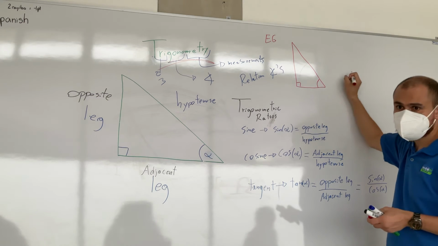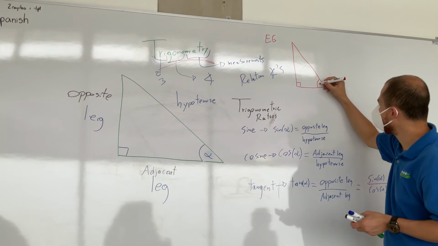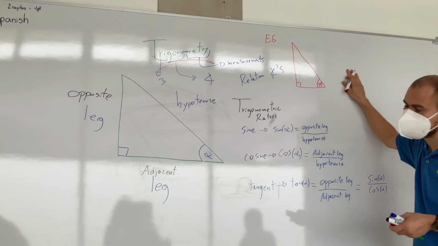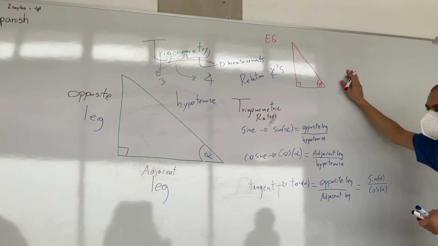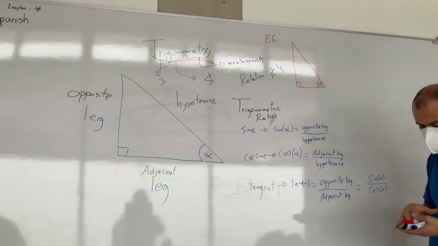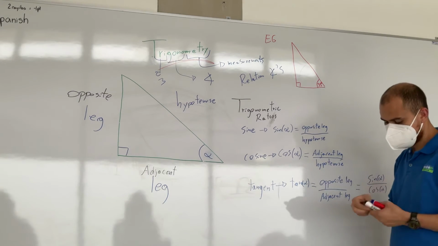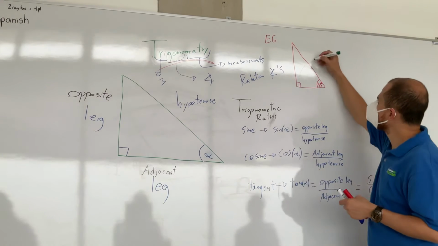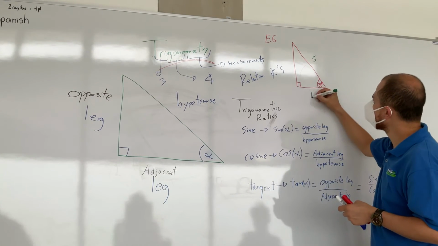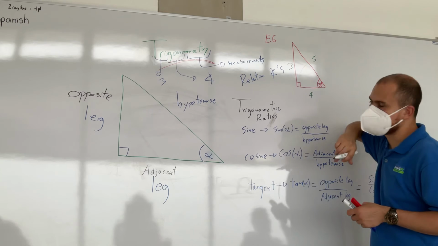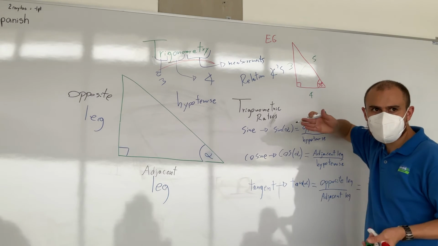This angle is going to be equal to 35 degrees. And let's say this side is going to measure 5, this is going to measure 4, and this is going to measure 3.